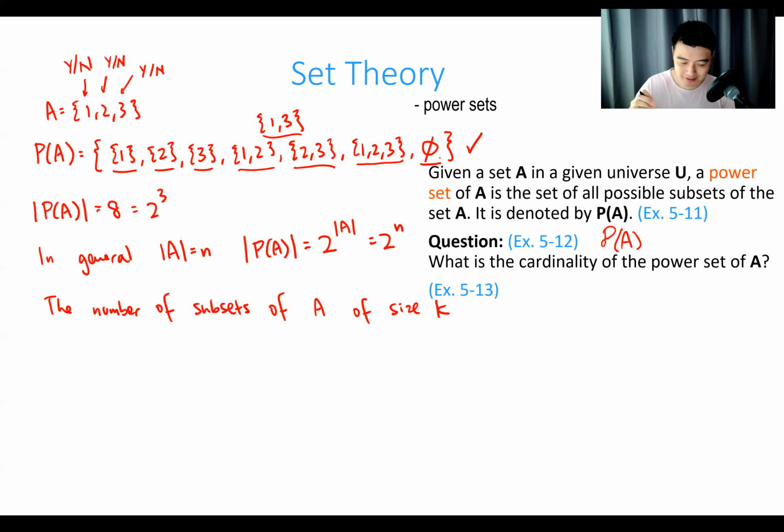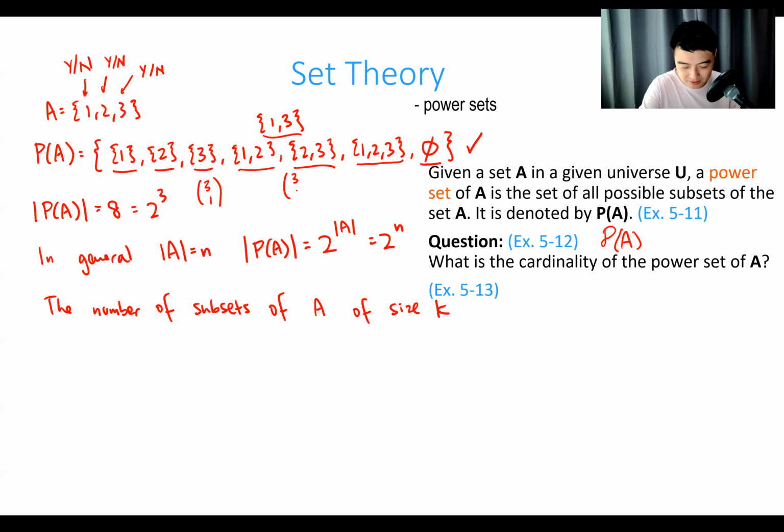What did we say? Every time we use this word choose, we are talking about a combination. Remember, for the elements themselves, the order does not matter. The only thing is that it's in the set. So when I ask how many subsets have size 1, the answer was 3 choose 1. From 3 elements, choose 1 element. How many subsets have size 2?